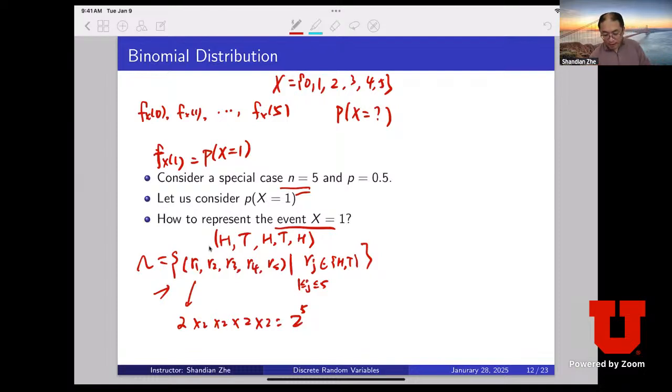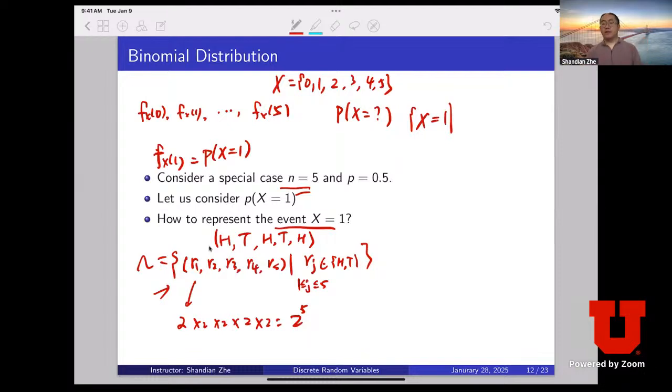Remember our X, the random variable defined under binomial distribution, is the total number of heads you have seen, right? So now let us look at the event defined as X equals 1, meaning that the total number of heads is just 1.